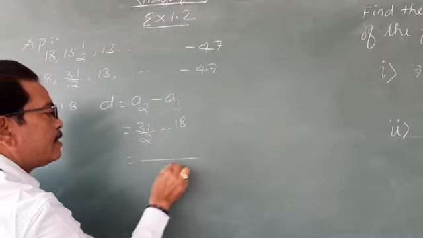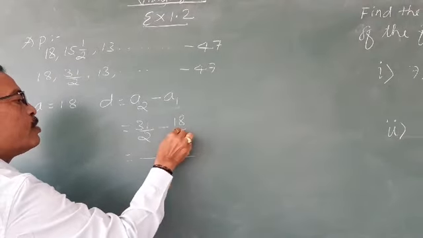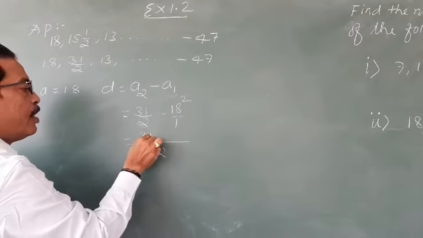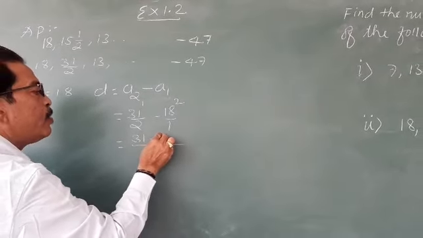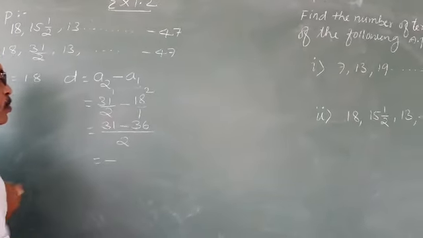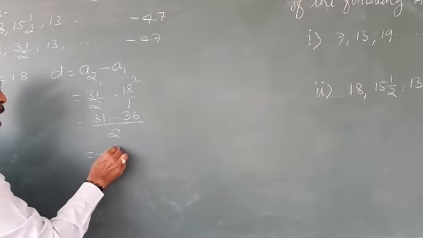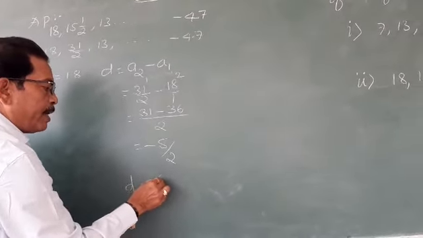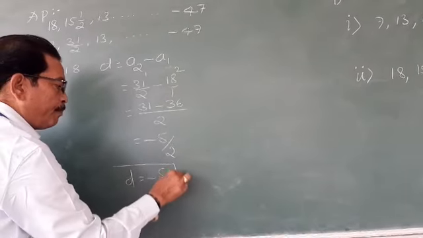Okay, LCM is 2, 31 minus 36, which equals minus 5 by 2. d equals minus 5 by 2.